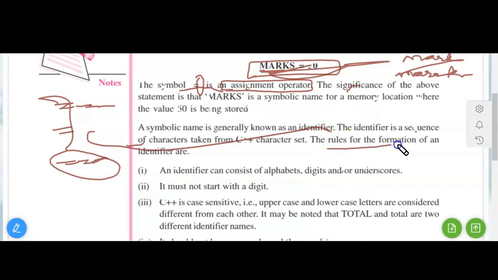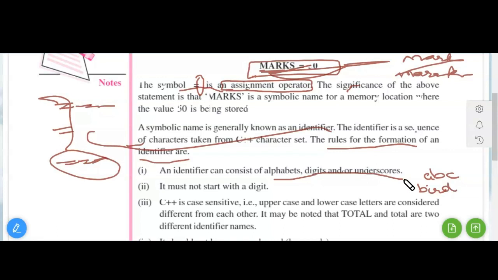The rules for forming an identifier are these: alphabets, digits and underscore. An identifier can take any of these things. It can have digits, alphabets, and underscores. For example, if I'm using only alphabets, I name it ABC. I can use BCD, that is another variable.